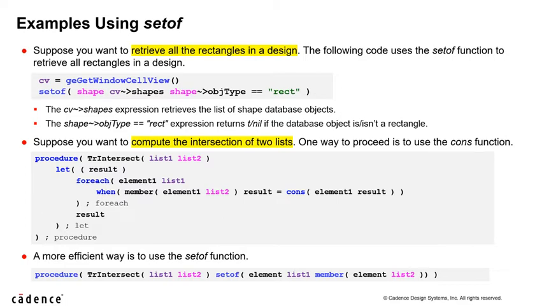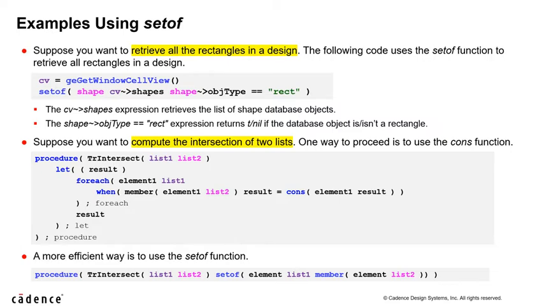This is a database query. The test then of what we want to use as the filter would be to grab each shape and look at the object type attribute on that shape with the query shape~>objType, and then test that using the equivalence operator to say, is that object type equivalent to the string "rect"?